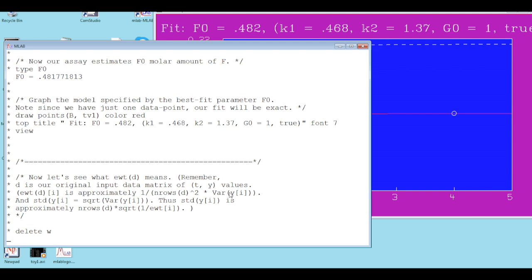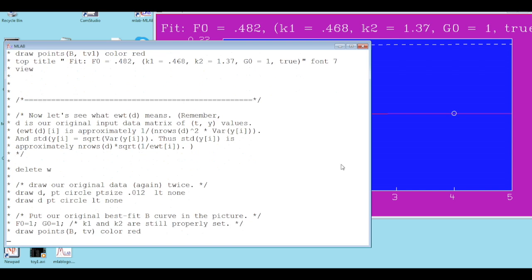If variance of y was 1, then this would be 1 over the number of points squared, which is just treating every weight as 1. Okay, now, the standard deviation is computed by unreciprocating this and computing its square root. The standard deviation is the square root of the variance, so the standard deviation is approximately the number of rows of data times the square root of the reciprocal of the estimated weight that we compute.